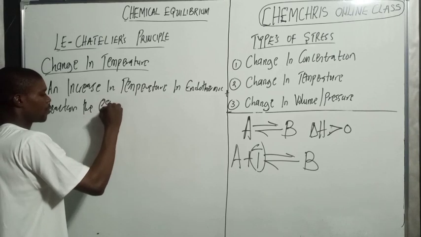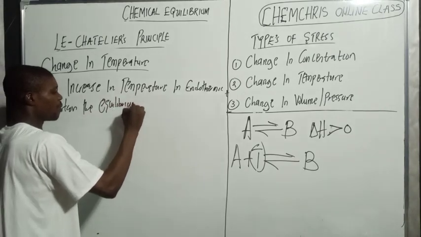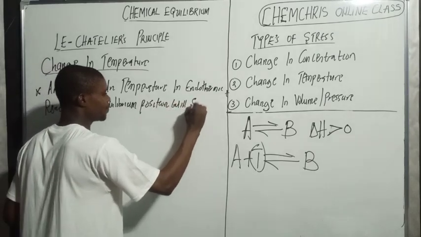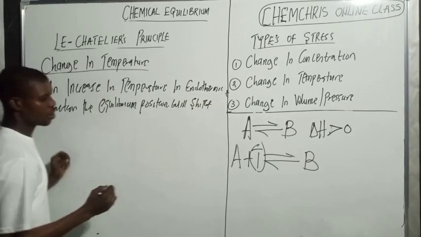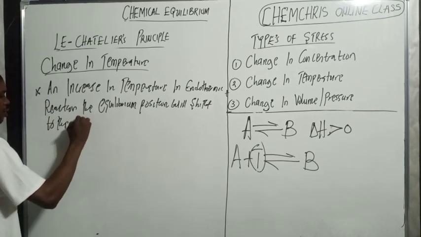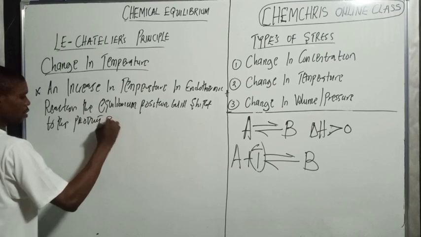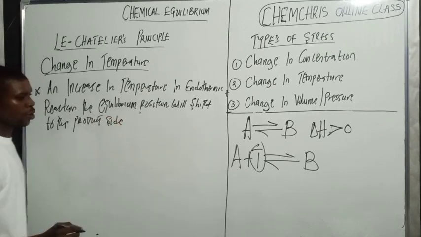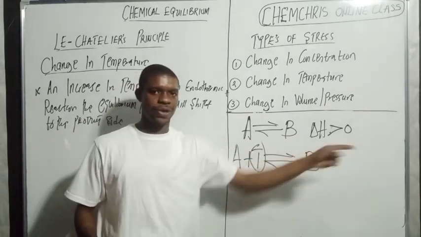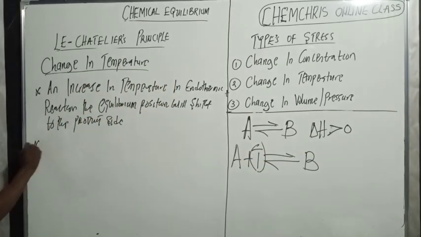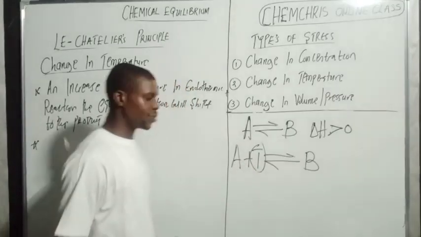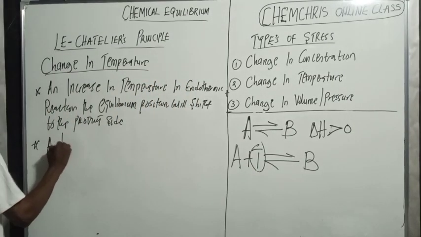the equilibrium position we shift to the product side. That means we shift forward to the product side. Then you favor the forward reaction. So when you decrease the temperature here, you move back to the reactant.